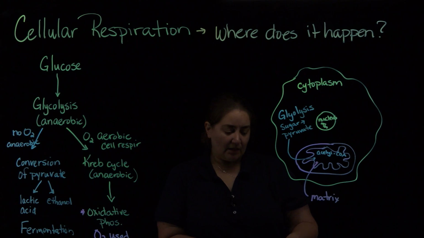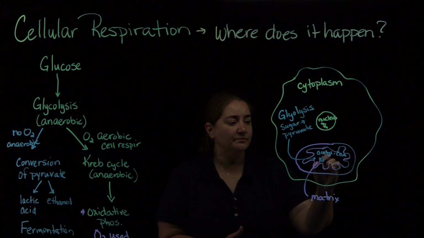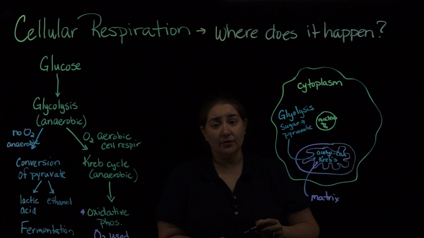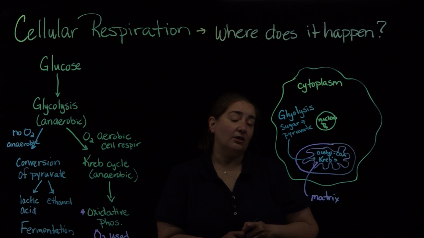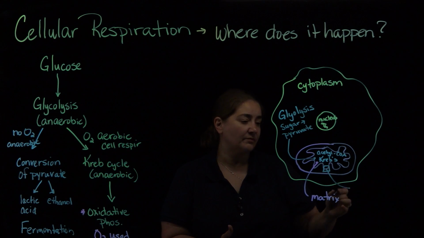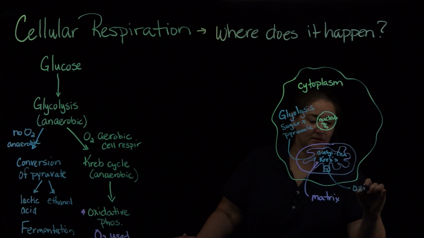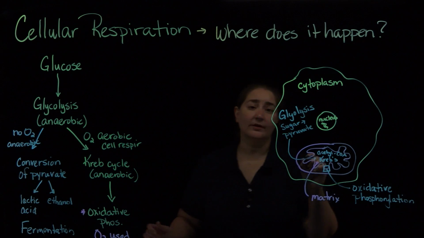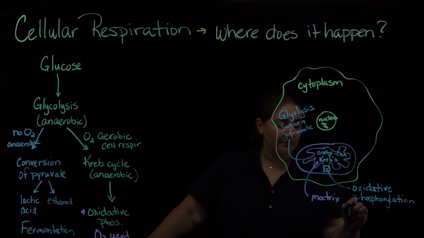The Krebs cycle, and I'm using Krebs here just because it's shorter, is also going to occur in the matrix of the mitochondria. And then our last stage, oxidative phosphorylation, is going to occur in the inner mitochondrial membrane.